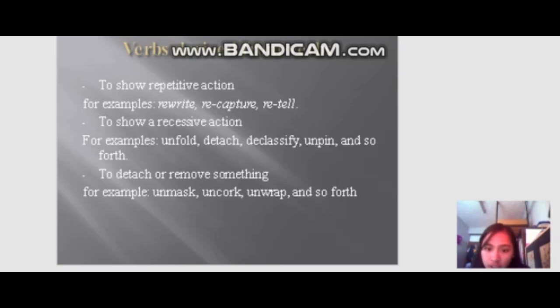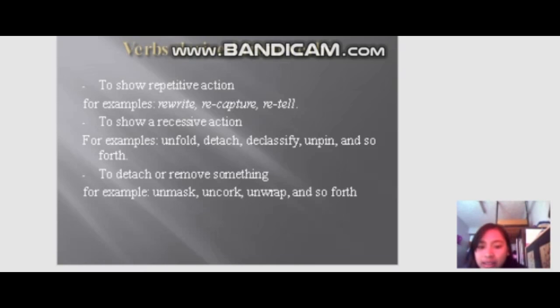Second, to show a reversive action, we use the prefix un, de, or dis. So for example, unfold, detach, declassify, unpin, and so forth.